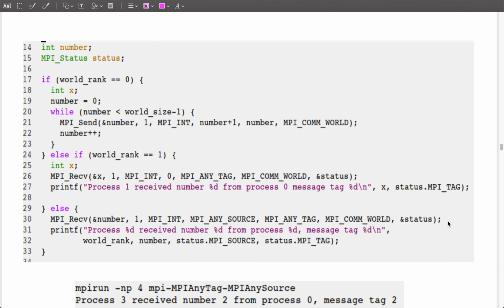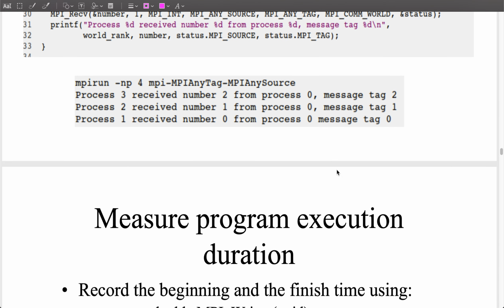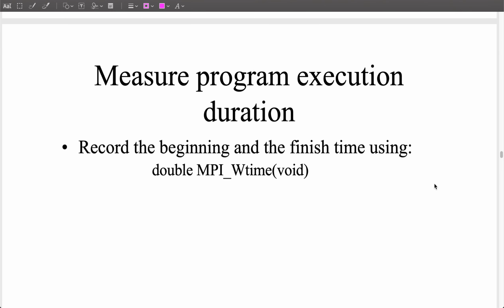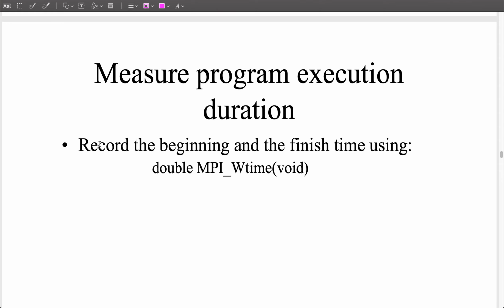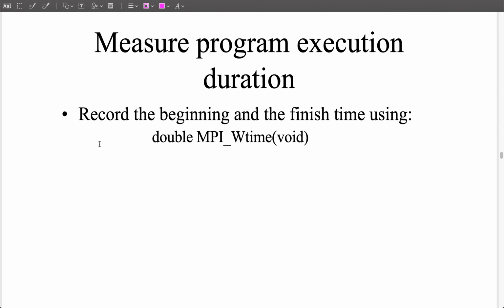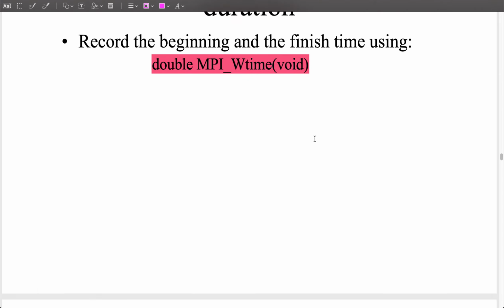So you might see that there is another coding or programming under MPI. You can also try to run it, but I will show you also in our lab later on. Measure the program execution duration. So it records the beginning and the finish time using the double MPI_Wtime, which is for recording your finish time and so on.